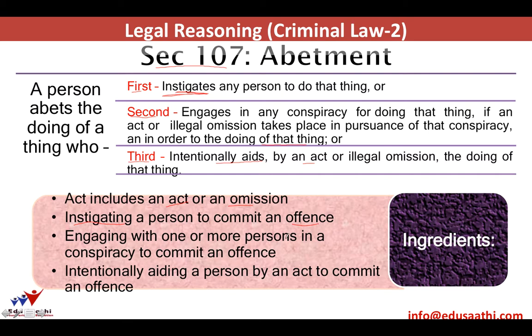Third, engaging with one or more persons in a conspiracy to commit a crime, whereby people come together in a conspiracy to commit a certain offense. Finally, intentionally aiding a person by an act to commit an offense. You are helping a person who is committing an offense intentionally, knowing that the person is doing the offense, and that results in the commission of the offense. So these are the ingredients of abetment under the IPC.